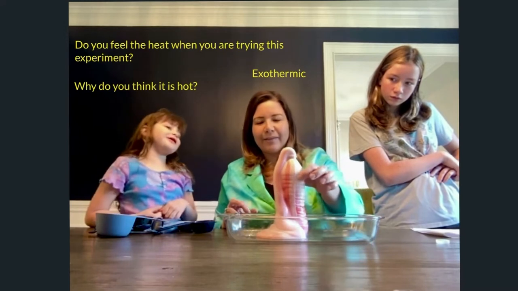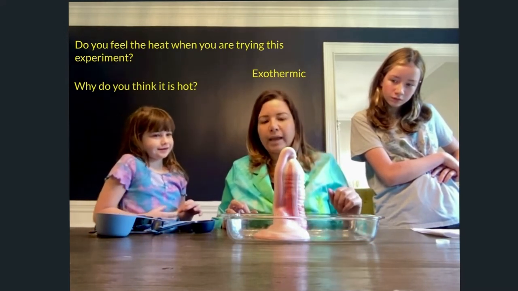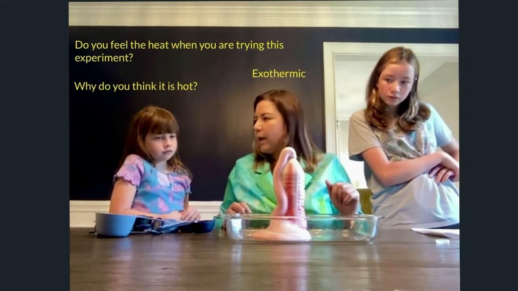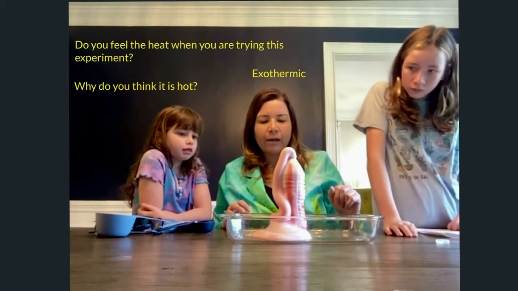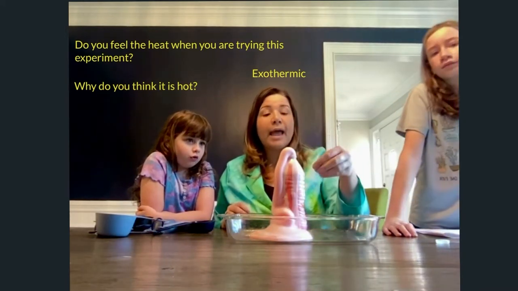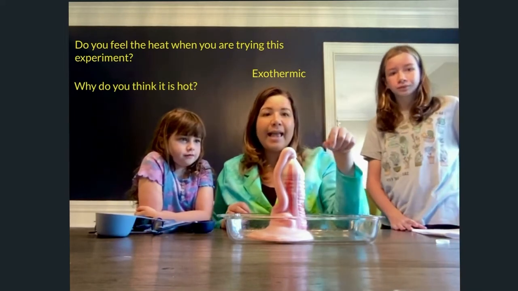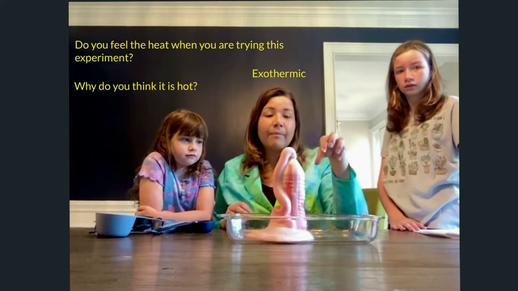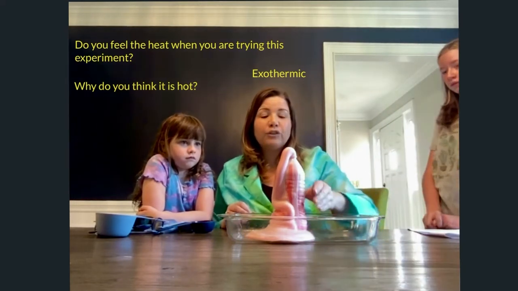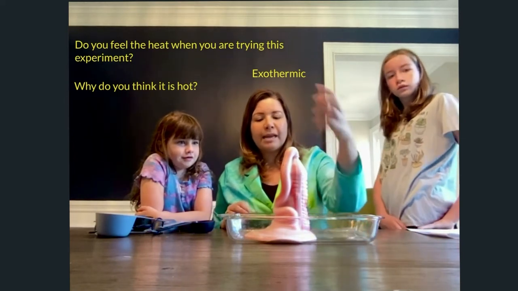I think I know why they call it elephant's toothpaste. Now we didn't mix the red in at the beginning. Probably if we wanted to, we could mix the red in for a little more dramatic redness, right? So this reaction is taking that hydrogen peroxide that we put in, and it is actually making that hydrogen peroxide break down into water and oxygen much faster, which is creating this foam.